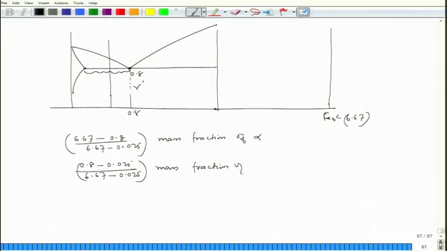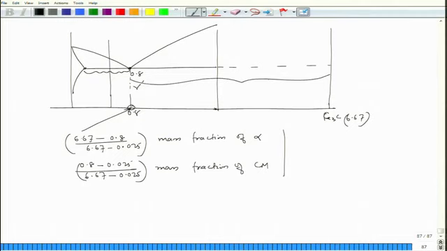Once I reach this composition, this would be my alpha phase of this composition, and this would be my remaining gamma.